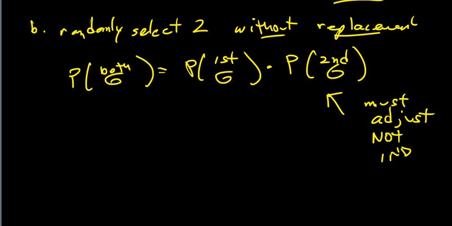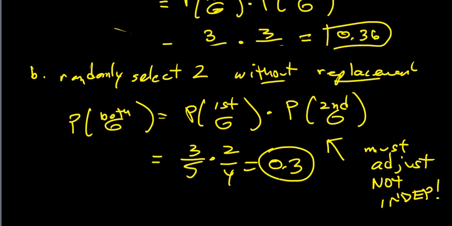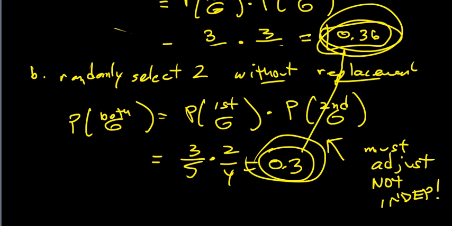Why are they not independent? Because we are making these choices without replacement. I think you know where we're headed here. The probability that the first one is good is 3/5, and the probability the second one is good is 2/4, and if I multiply that out, it's 0.3. And that certainly is different than the 0.36 we got in part A. So certainly, whether or not things are independent may have an effect.